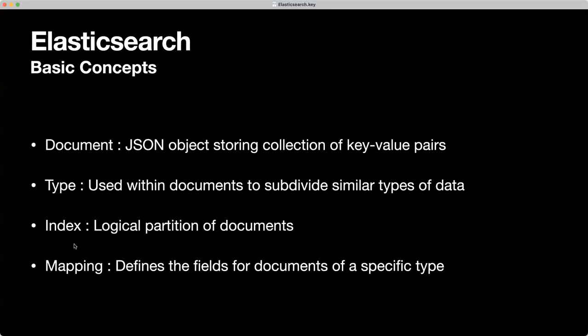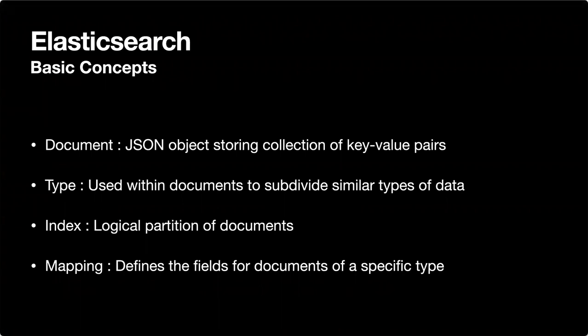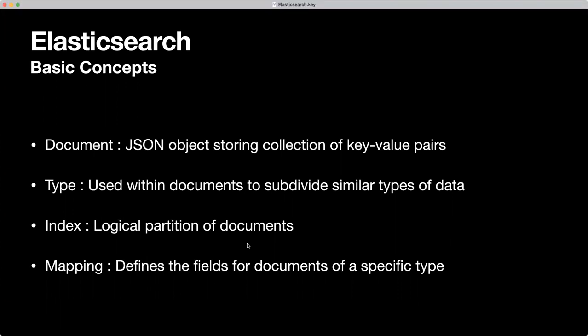So I could have a user index, so whenever I want to query users, it queries all users. I could have a product index, so whenever I want to query products, the search is done across all of the products that exist, no matter how they are distributed. So an index is just a logical partition of documents.